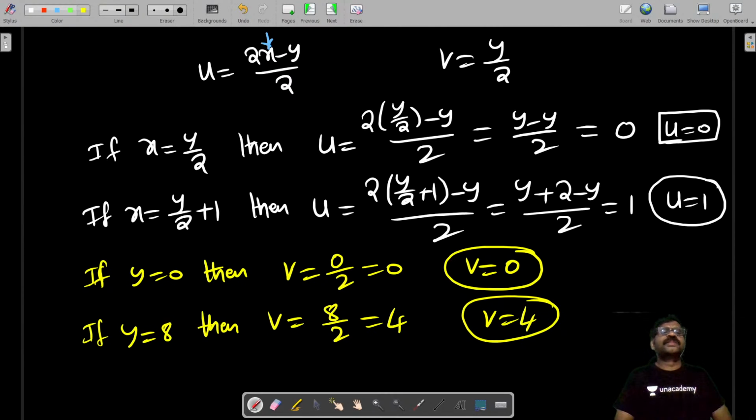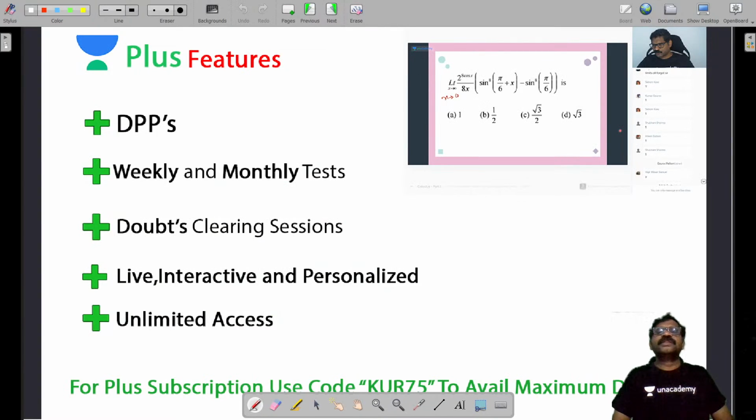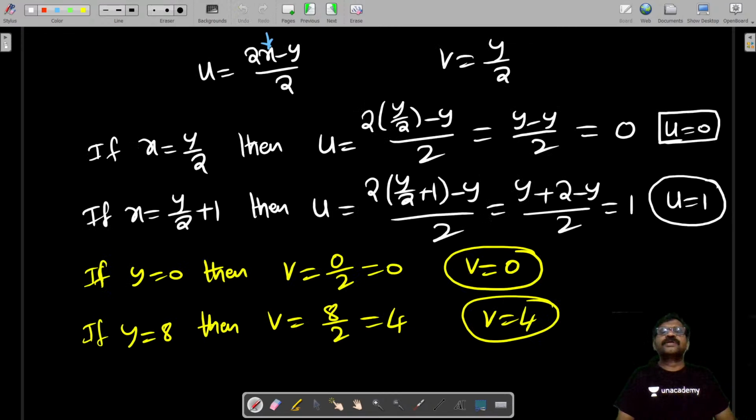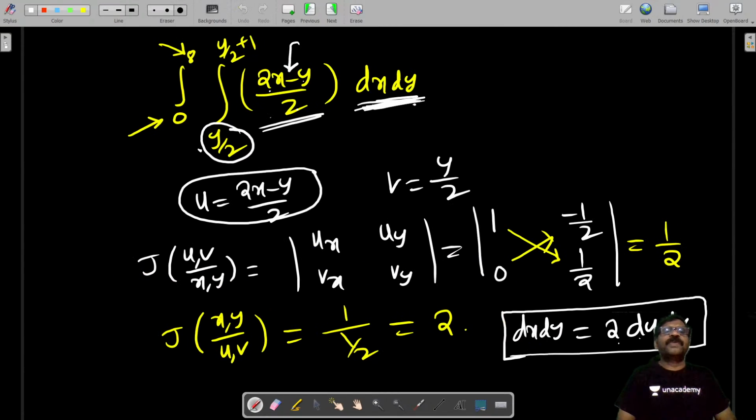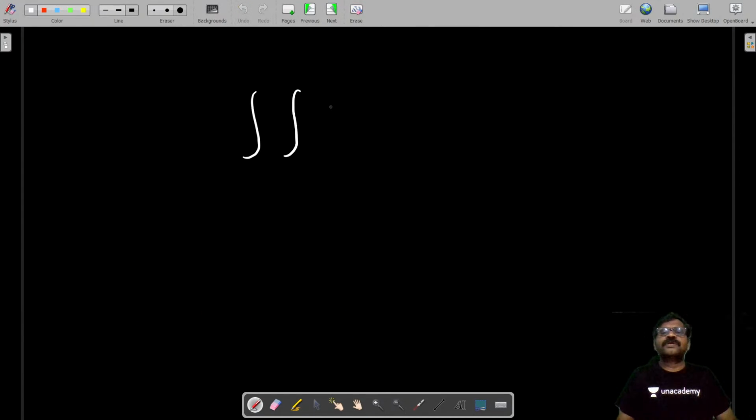Now, the double integral. The given double integral changes to: in the place of 2x minus y by 2, we can write u. In the place of dx dy, we can write 2 into du dv.